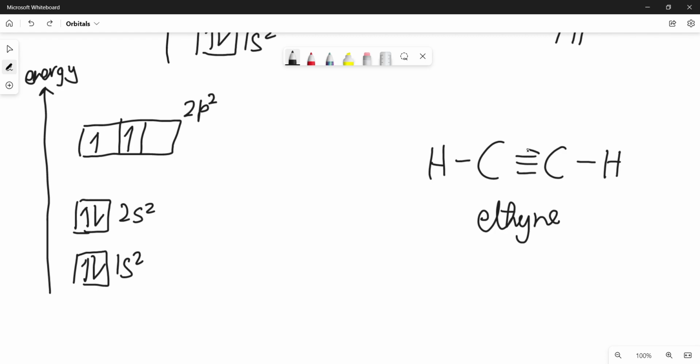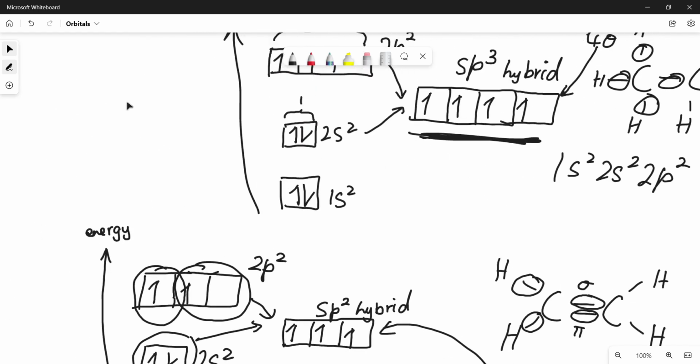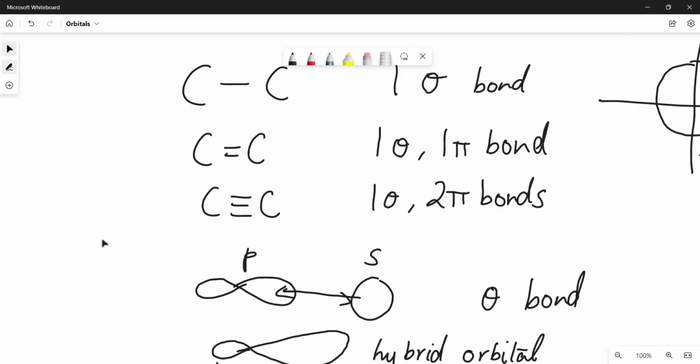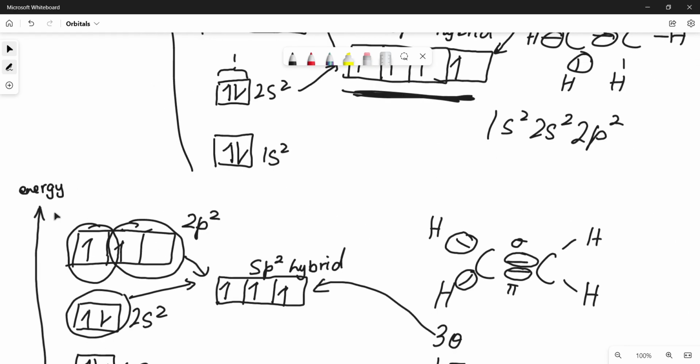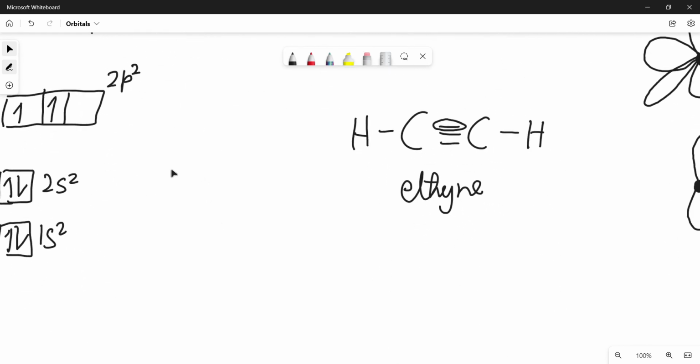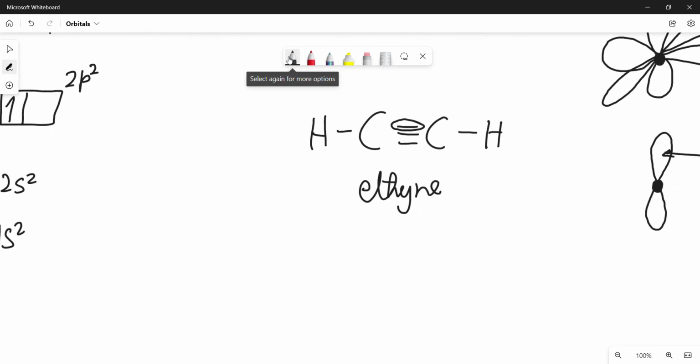Actually, remember, go back up here. So a triple bond is one sigma bond and two pi bonds. So what we have here is one sigma bond, so we have a sigma bond here and a sigma bond here from the hydrogen, and we have two pi bonds. So we have two sigma bonds and two pi bonds.